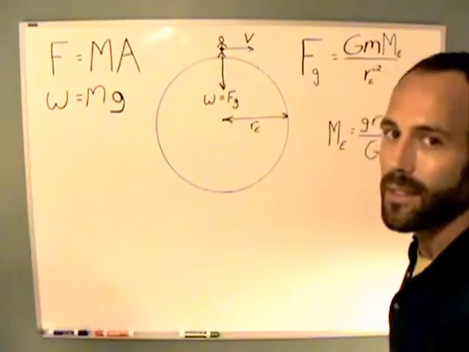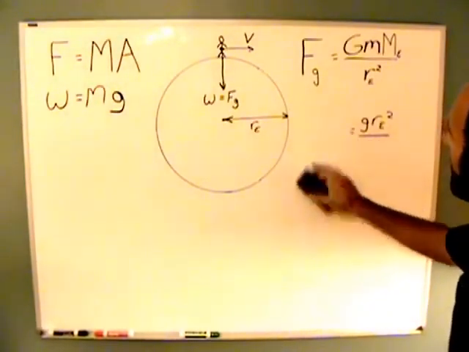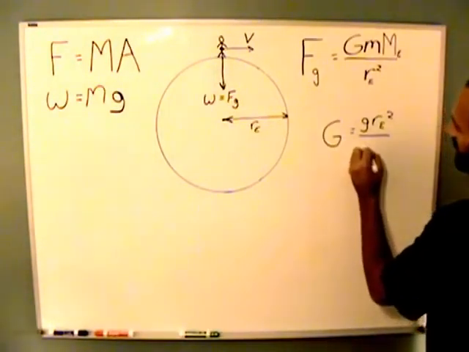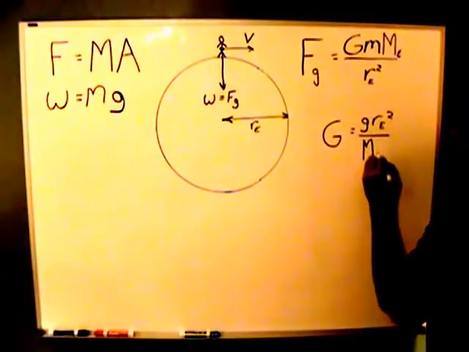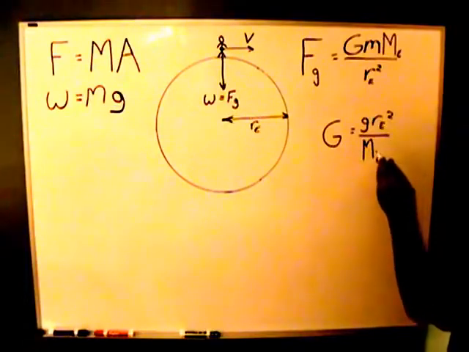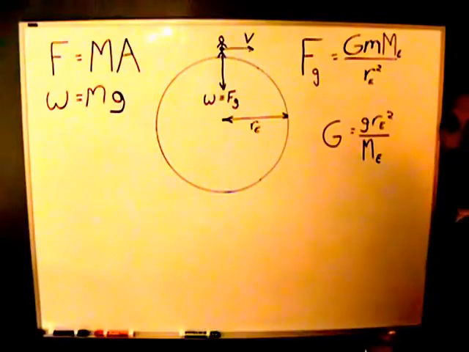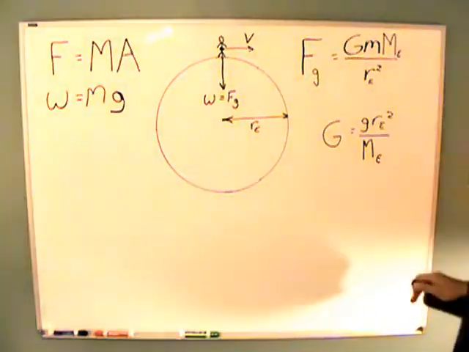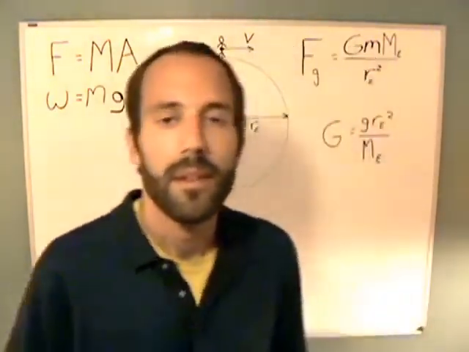What if they did this, or Cavendish did this? What if he said G is equal to the acceleration due to gravity, as he would have called it, times the radius of Earth squared, divided by the mass of Earth. Of course, he doesn't have the mass of Earth, right? Well, he does have the radius of Earth.